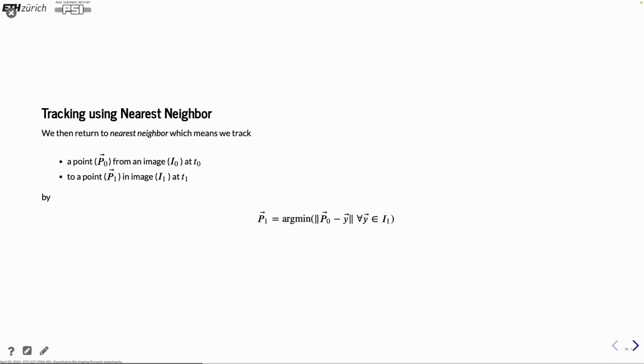So the easiest way is to track the nearest neighbor, and mostly that makes sense actually. So we have 2 points, one in the first image and one in the second image, and then we compare for all points in the images and see which one is the closest, and that would be the most likely candidate for being the same.